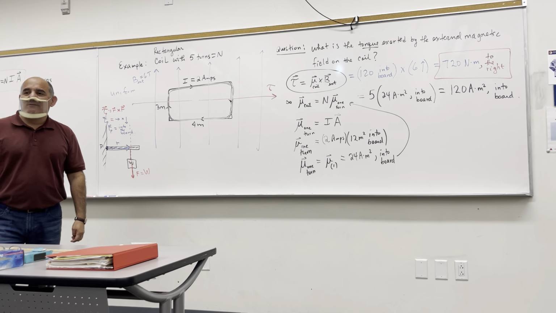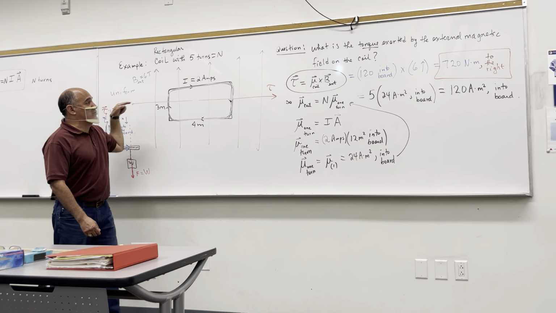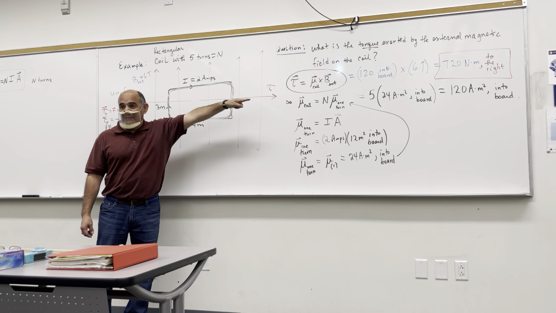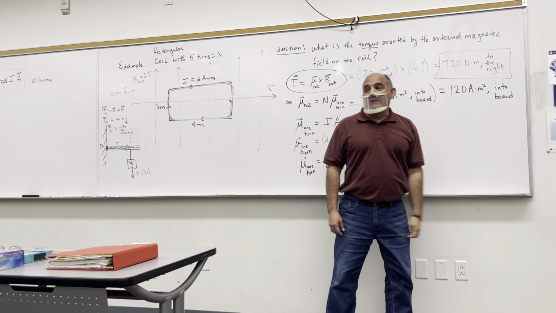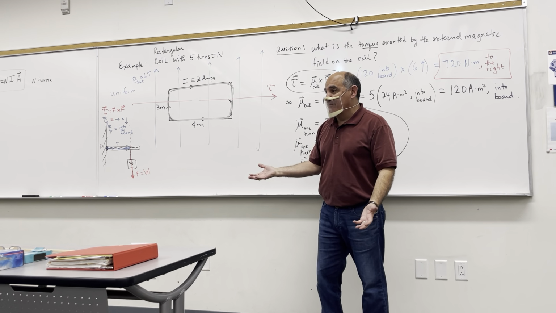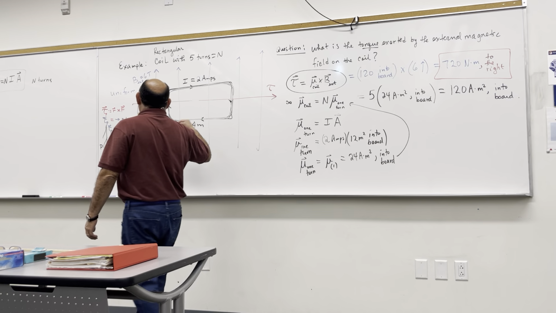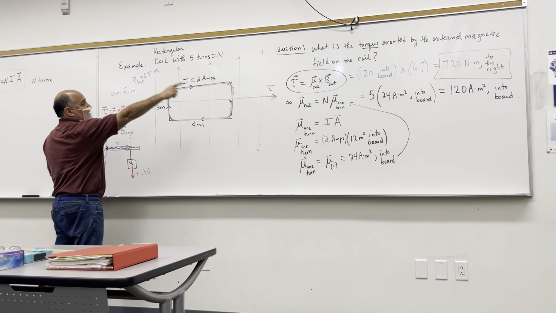The same in the opposite direction. Exactly. So if the magnetic field is exerting a torque that way, with this magnitude of 720 Newton meters to the right, and I want this coil to stay put so that the sum of the torques is 0, then I have to come up with a torque in the opposite direction to cancel that torque.